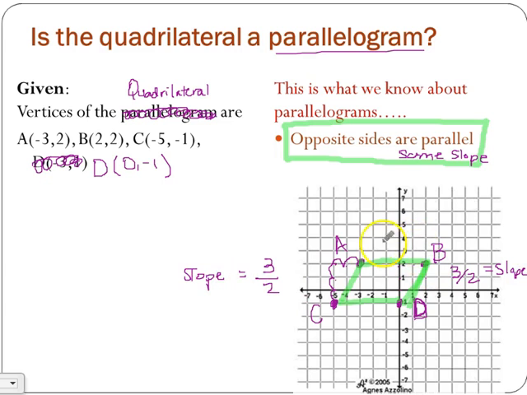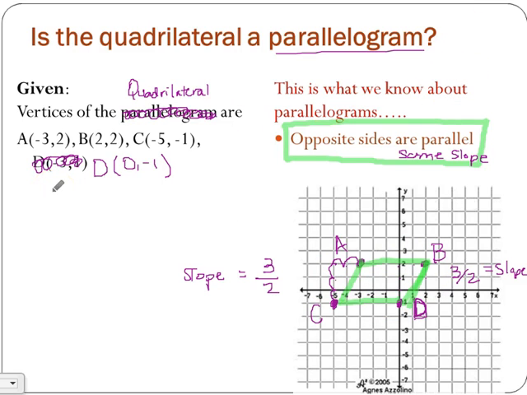Now what about the other two sides? From A to B, we can just count. We would go 1, 2, 3, 4, 5. 1, 2, 3, 4, 5. They have the same length. So we know the opposite sides are congruent. So we know this is a parallelogram because the opposite sides have the same slope and we know the opposite sides are congruent.